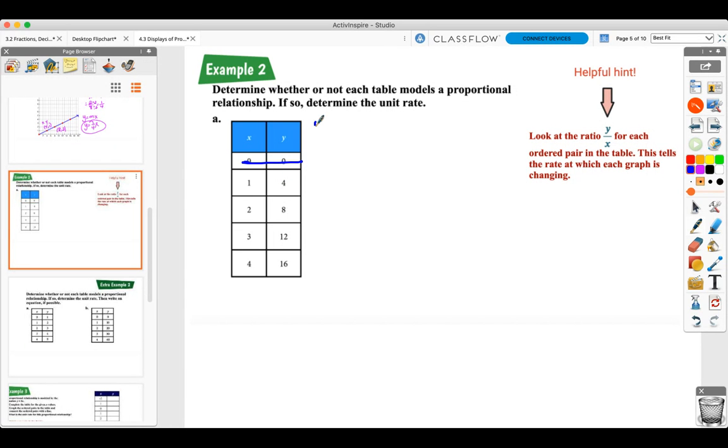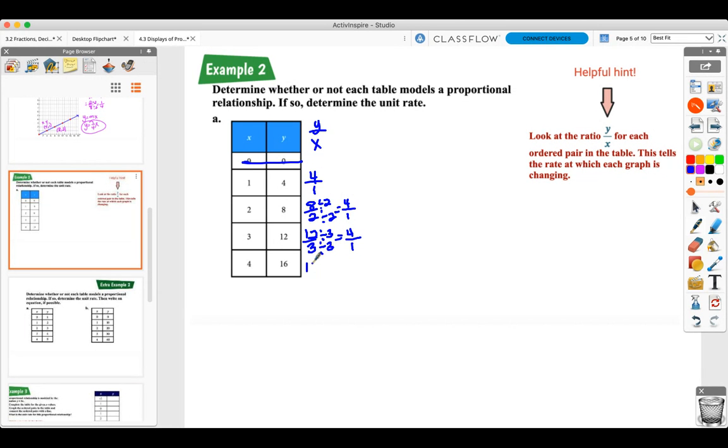Now let's do the rest of them. So you're doing y over x. That's what this column over here is going to be. So this is 4 over 1. You don't need to simplify it, so keep going. 8 over 2. And when you divide 2 into the numerator and denominator, you get 4 over 1. 12 over 3. When you divide 3 into the numerator and the denominator, you get 4 over 1.